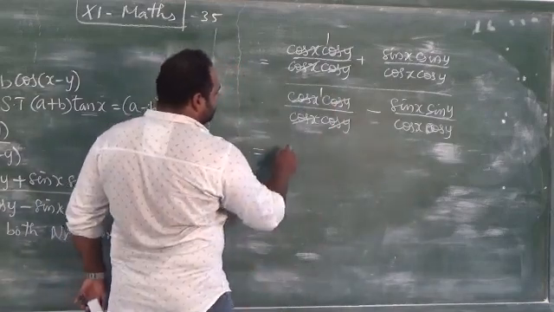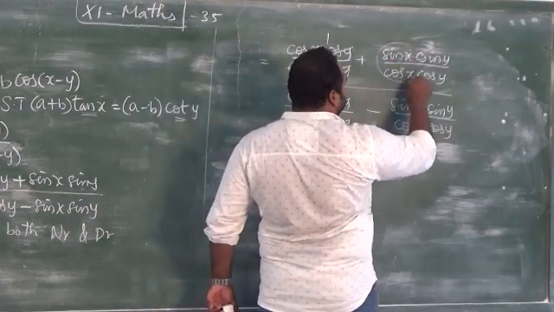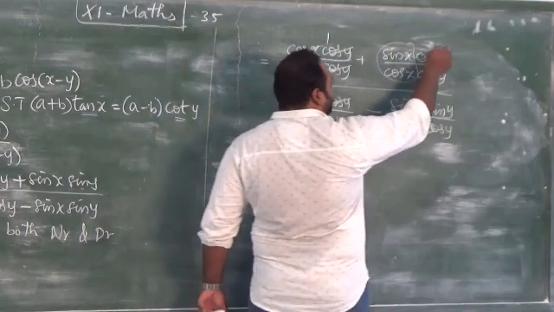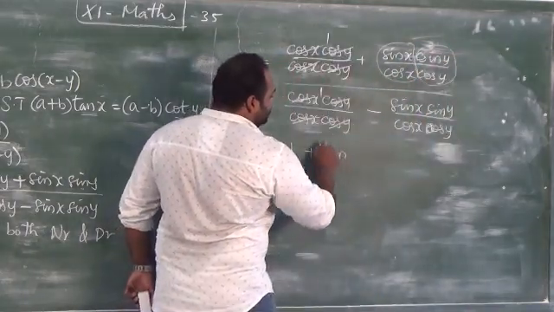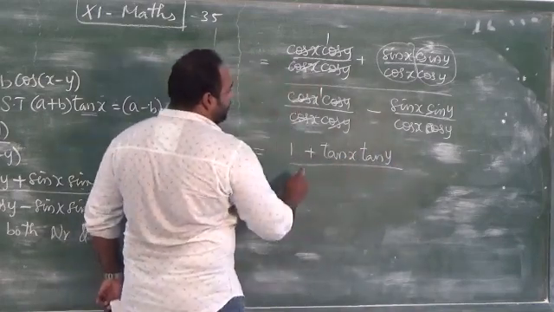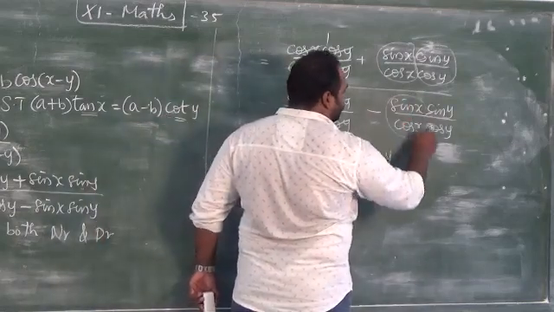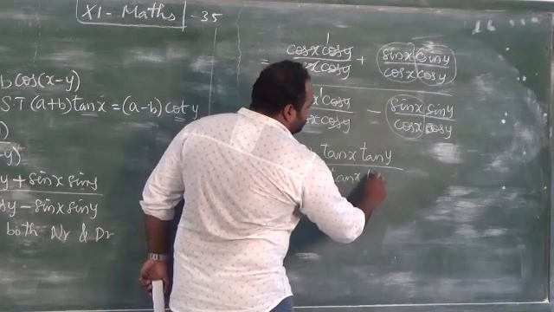So the next step: 1 plus, in the numerator, sin x by cos x we can write as tan x, then sin y by cos y we can say tan y. So tan x tan y, divided by 1 minus tan x tan y.